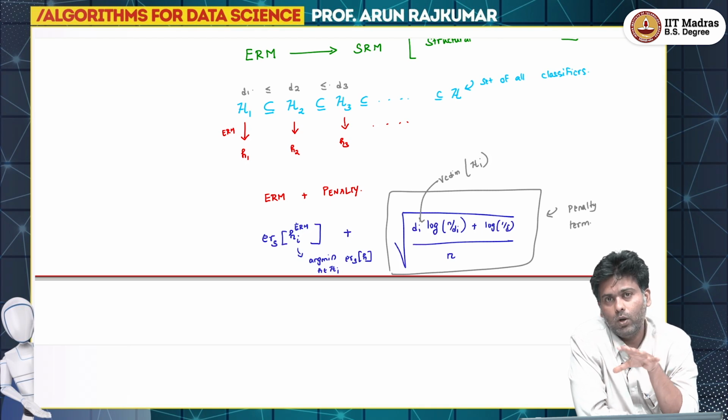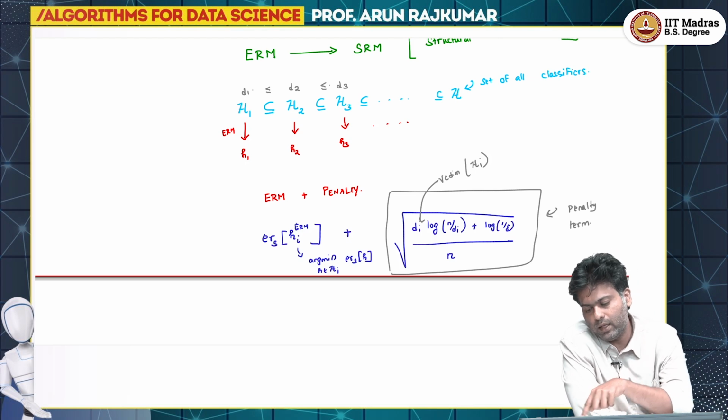Remember what the proposal is. First, I have to come up with this way of arranging H1, H2, H3 and so on. It could be linear, quadratic, cubic, etc., but I should be able to separately perform ERM for each of these. First I will do ERM with respect to H1, get the classifier small h1, and note down its training error.